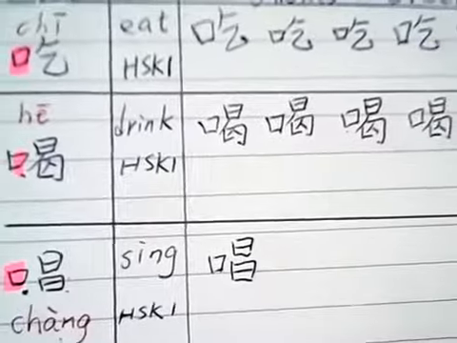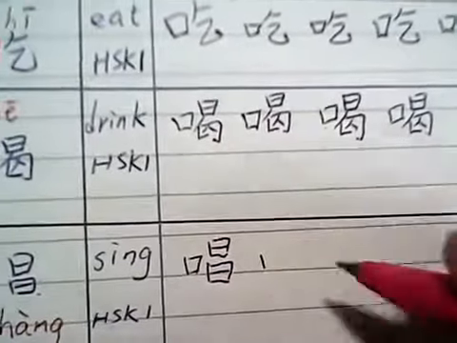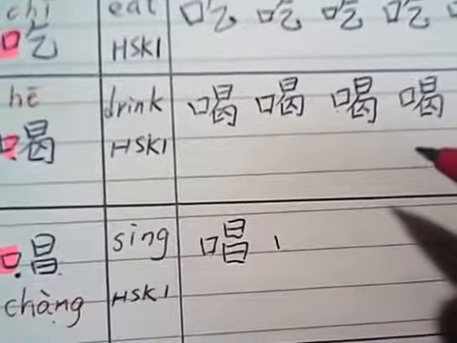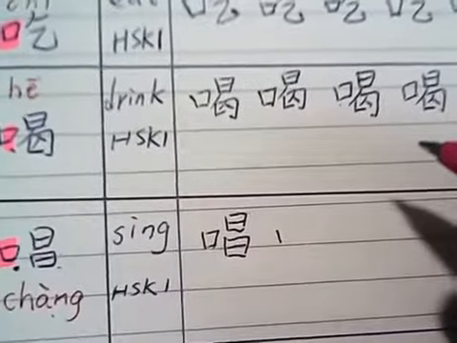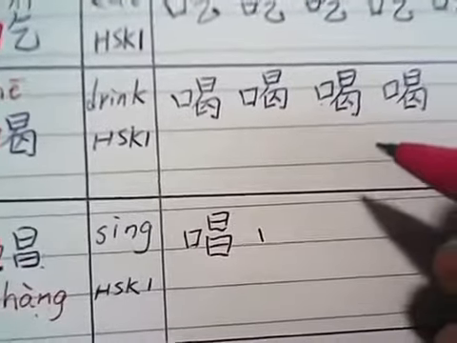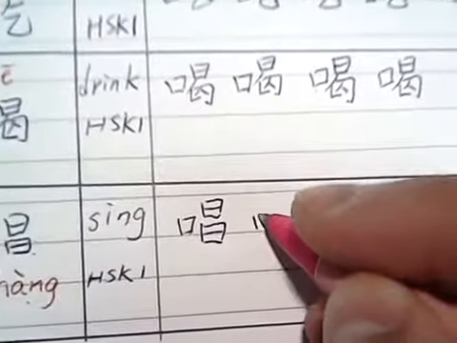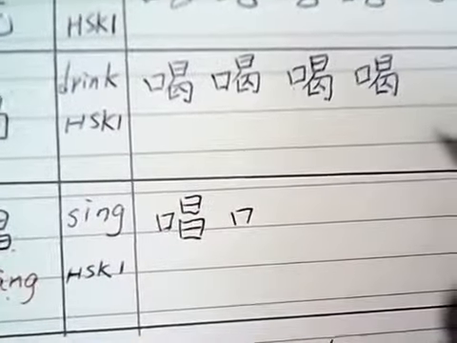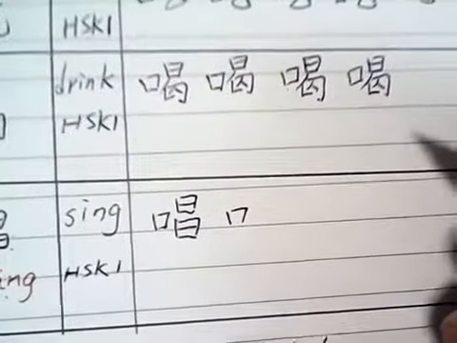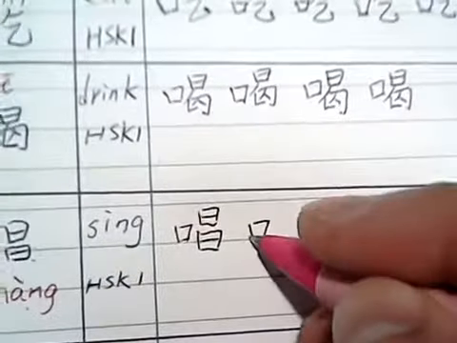Okay, let's write it again slowly, and hopefully you need to prepare a piece of paper and a pen. At this moment, you should write the same word with me, okay, and with the proper order, which means strokes.